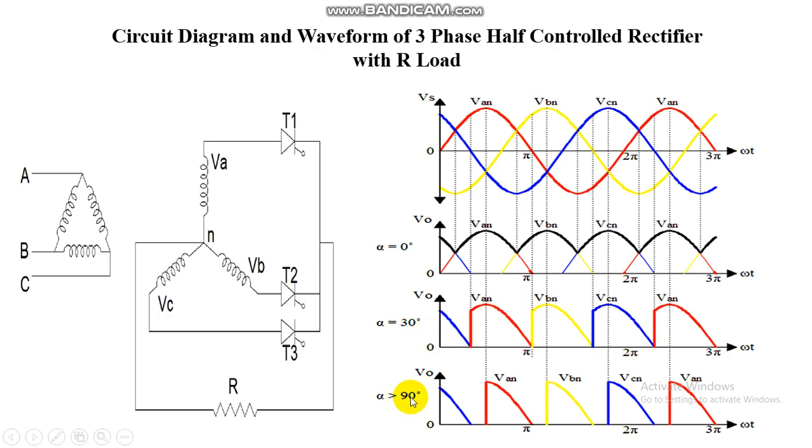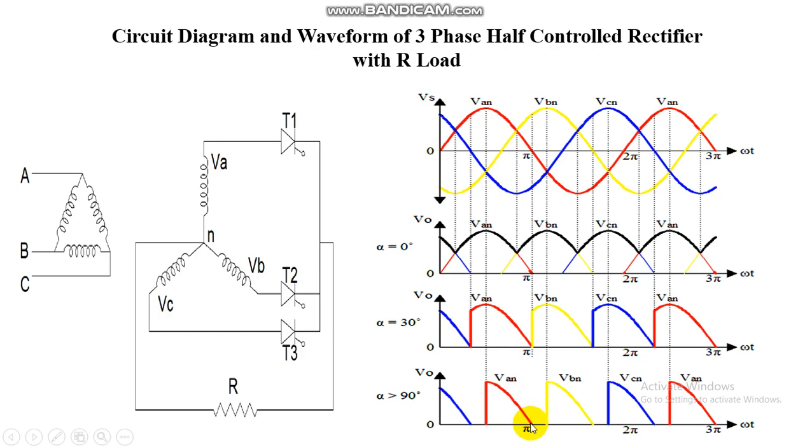When alpha is greater than 90 degrees, we get discontinuous output values. Look at this: the output voltage is going to be 0 during this portion. After that, thyristor T1 conducts and allows the current, giving the output voltage.